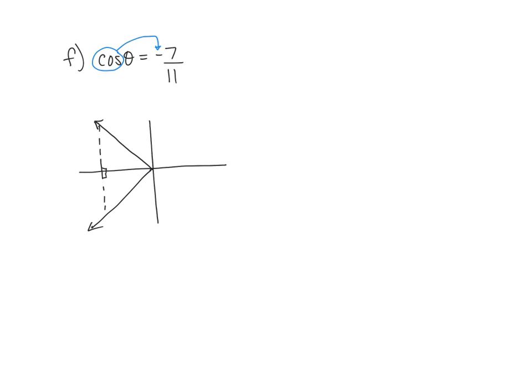We notice that we have negative 7 adjacent over our hypotenuse. And then I recognize that I do not have a special triangle.